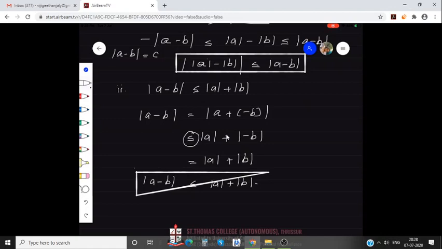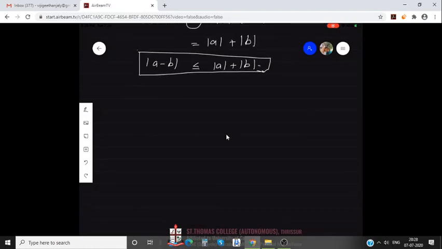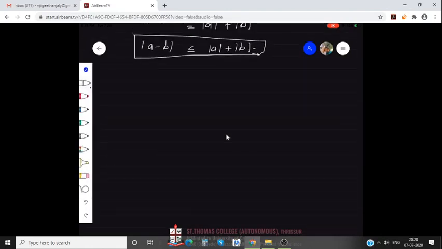Now, the next corollary is also a corollary of the triangle inequality.